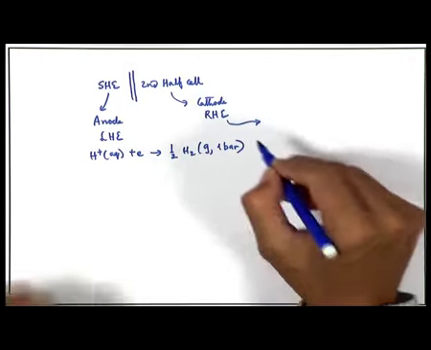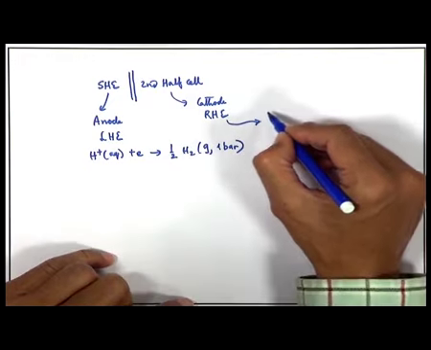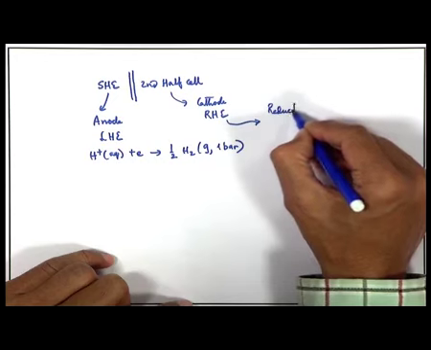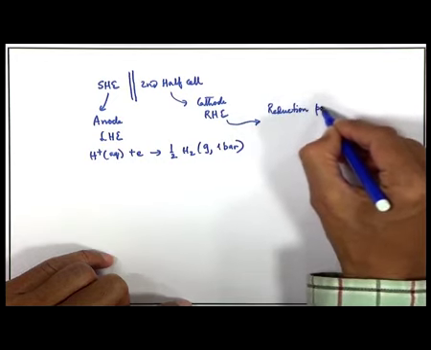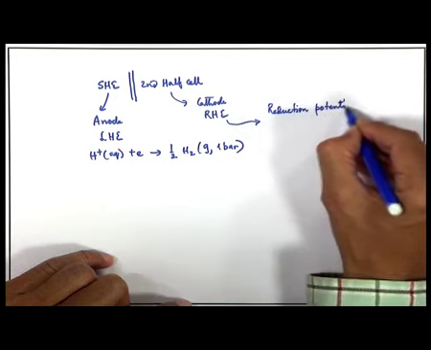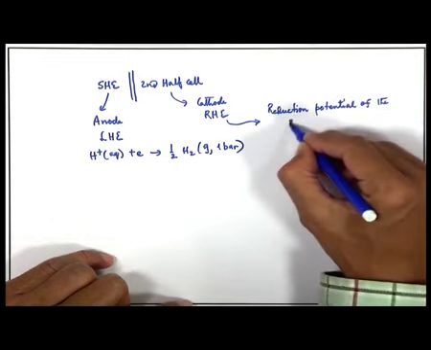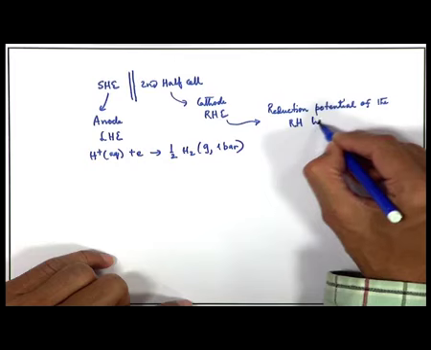That means you will be able to find out the reduction potential of the right hand half cell.